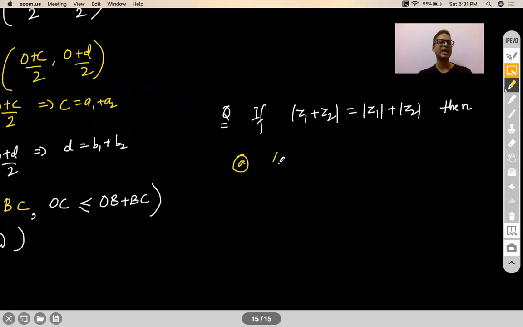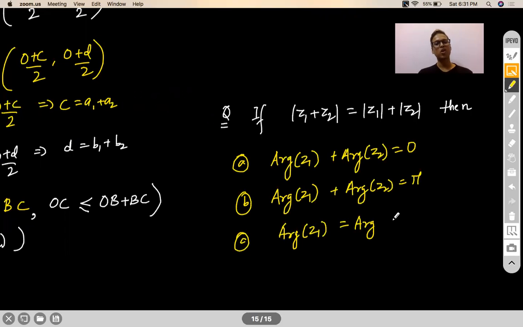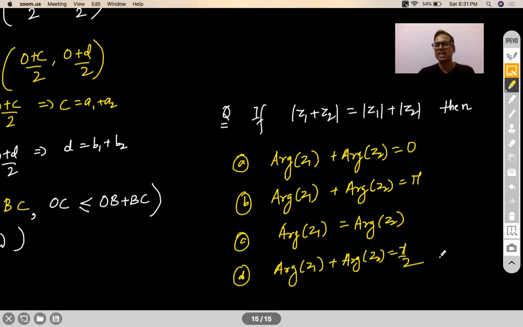Option A, argument Z1 plus argument Z2 is 0. Option B, argument Z1 plus argument Z2 is equal to pi. Option C, argument Z1 is equal to argument Z2. Option D, argument Z1 plus argument Z2 is equal to pi by 2. Such kinds of questions can come. So your answer will obviously be option C. Shashwat, now it's clear what I wanted to say?